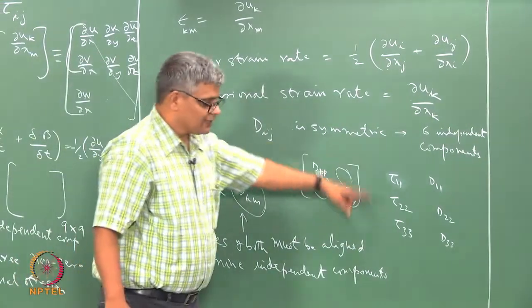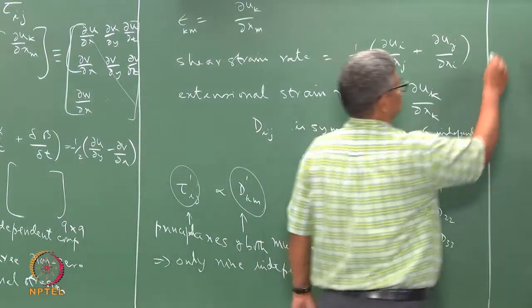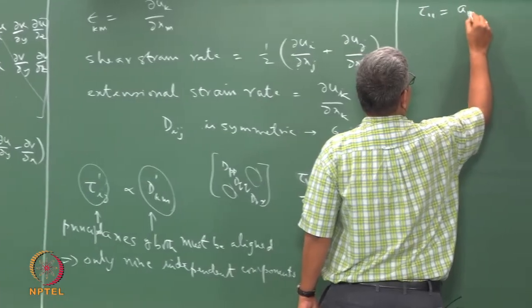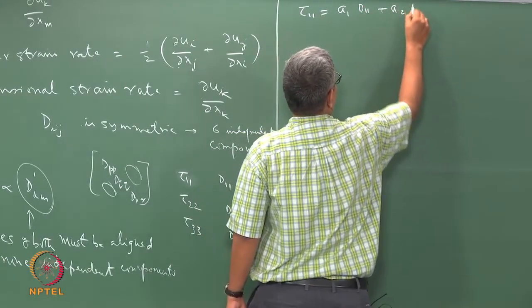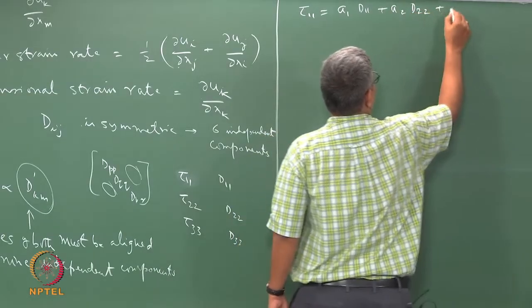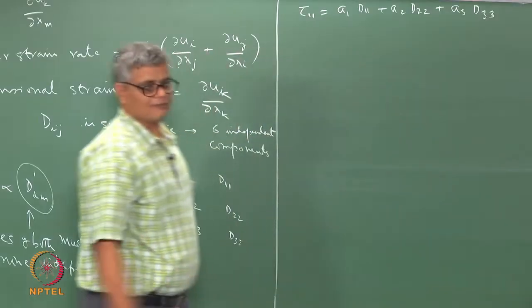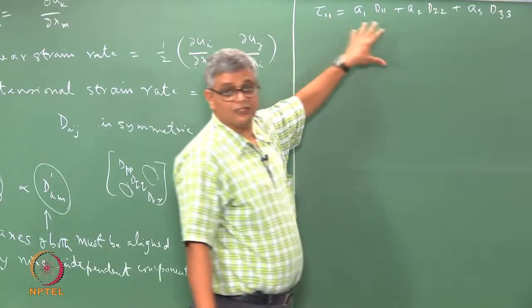Now, what kind of generic linear relation is possible? So, we can write, for example, tau 11 is equal to a1 times d11 plus a2 times d22 plus a3 times d33. Okay. So, this is for different values of a1, a2, a3 which are constants.